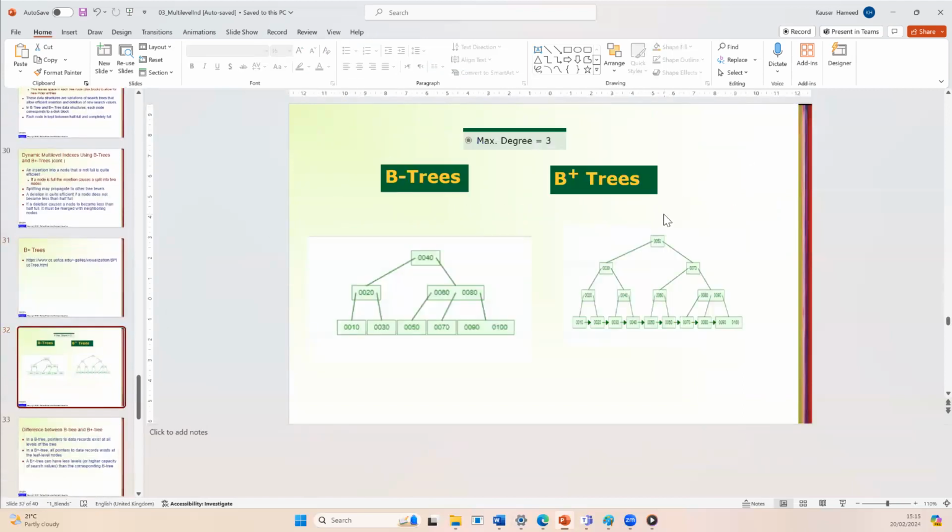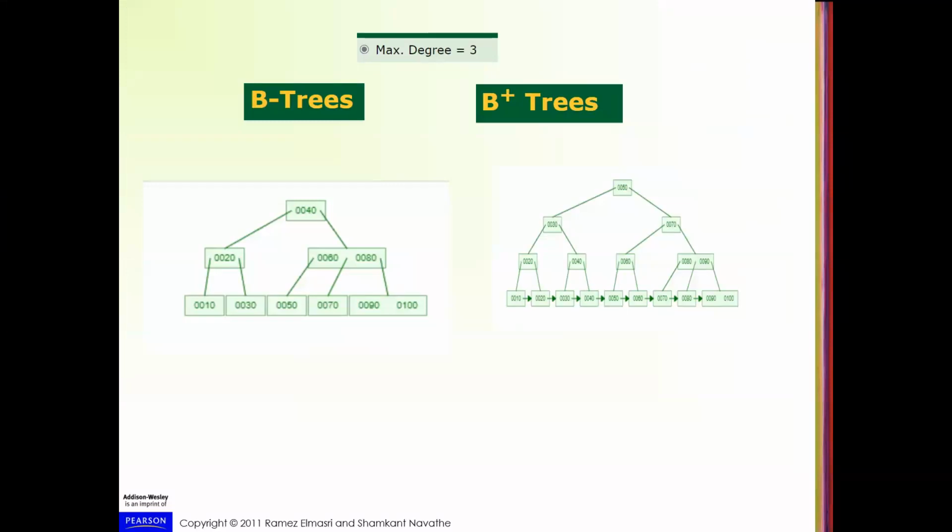But just to give you a hint, how the B plus tree looks is this slide, wherein we have the B tree for the same values and the B plus tree for the same values. Can you spot the difference? Here we have 3 levels. Here we have 4 levels.